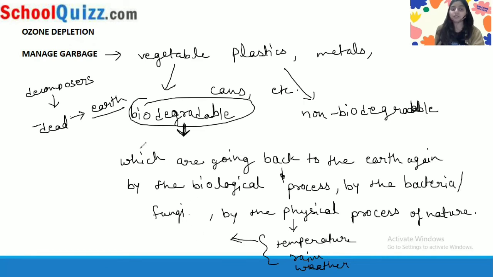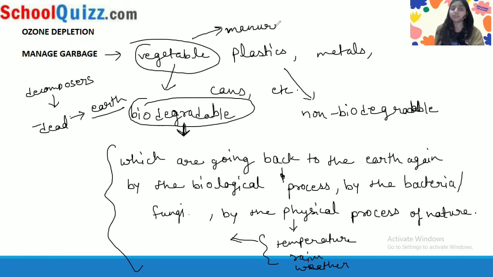When all these work together, garbage like vegetables becomes manure, or it becomes biogas. So it does not pollute or harm our environment; it goes back to the earth, leaving no pollution.